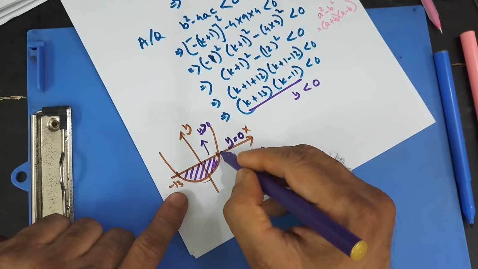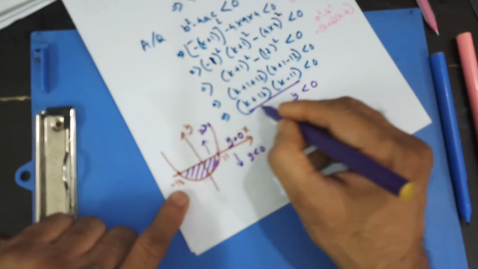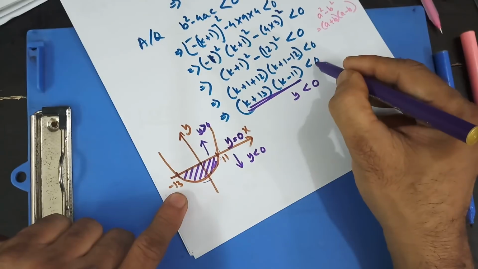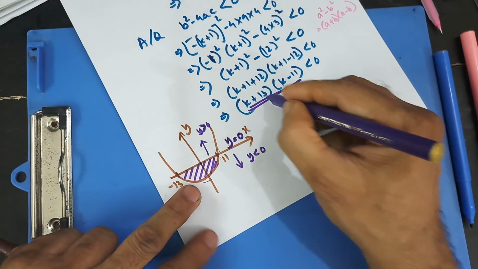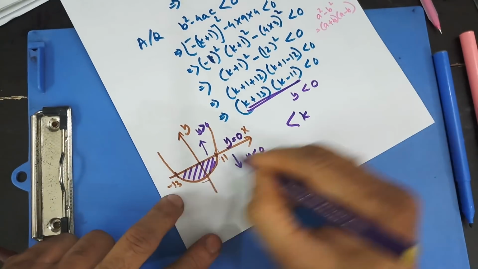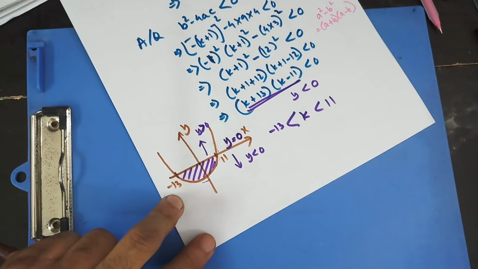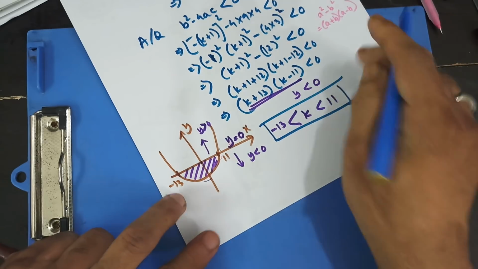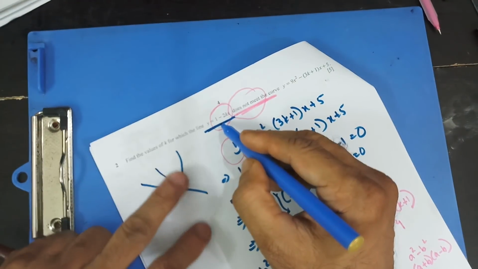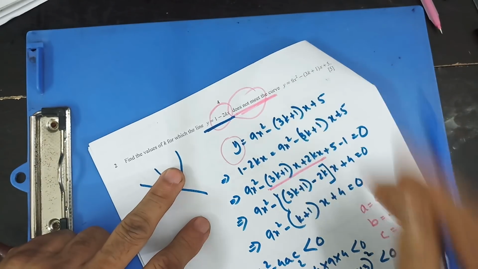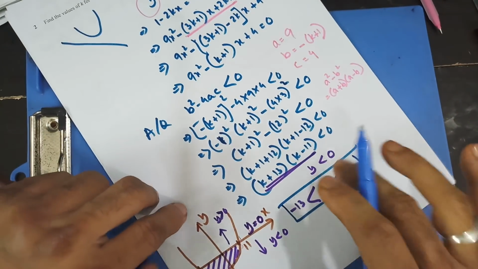Then when x is more than 11, y becomes greater than 0. So since y is less than 0, we can say that k is greater than minus 13 but less than 11. In this case, this line doesn't intersect with this curve. Okay, so that's my final answer.